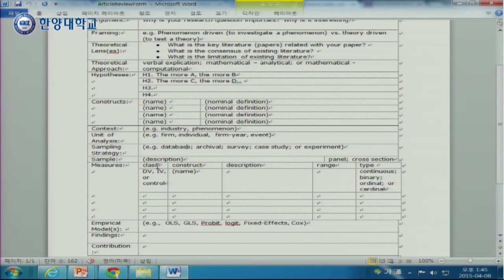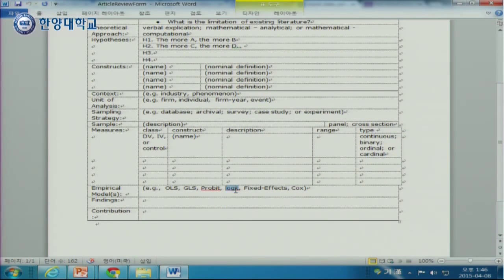It is either continuous data, like bond yield, which is continuous data. Or if you want to compare government bond and corporate bond, it is categorical, right? And the empirical model, you can skip this part, okay? And the findings, you can skip this part as well.